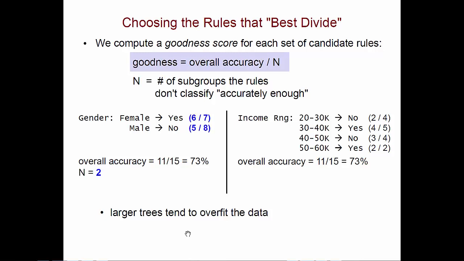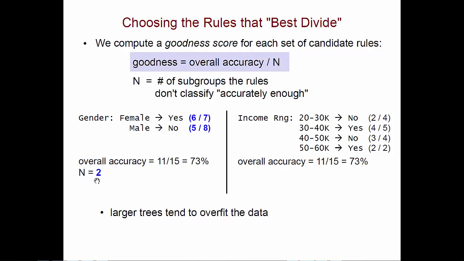Take these rules based on gender. They divide the data into two subgroups, female and male, and you can see that neither of the subgroups is getting perfectly classified. We get 6 out of 7 right for the female subgroup, 5 out of 8 right for the male subgroup.